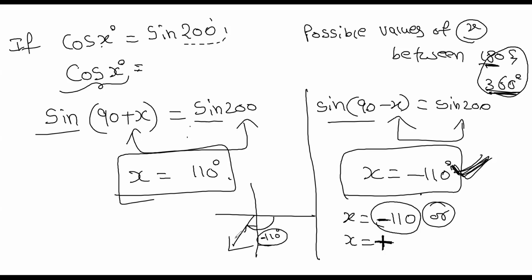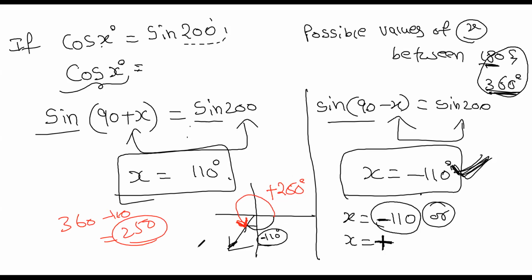If you go the other way, this is called plus. How much angle do you have to move? 360 minus 110 is 250.